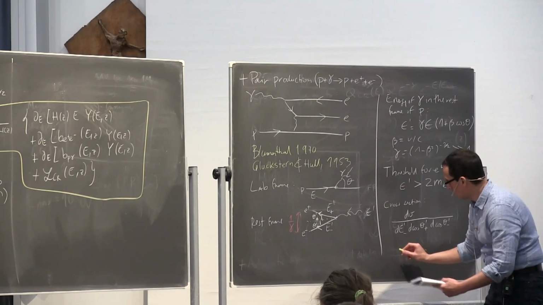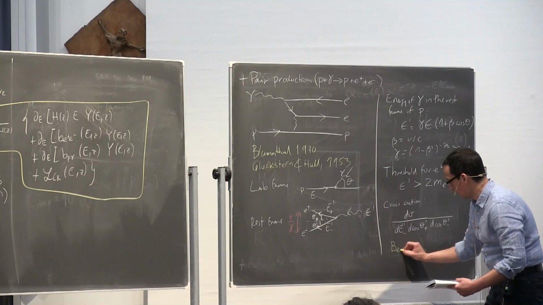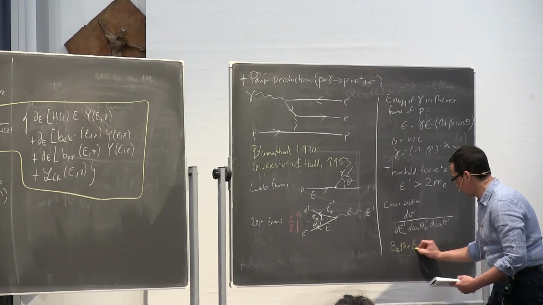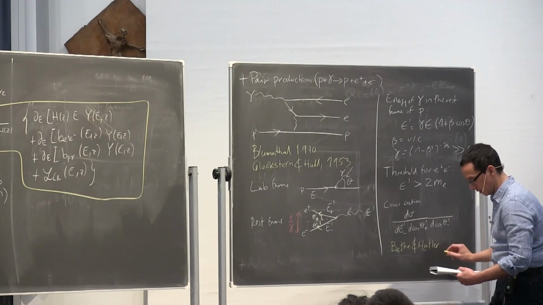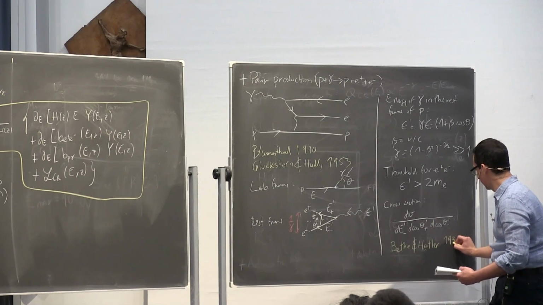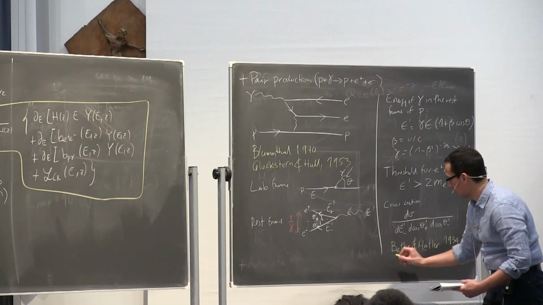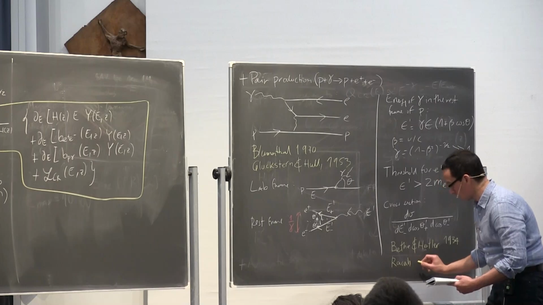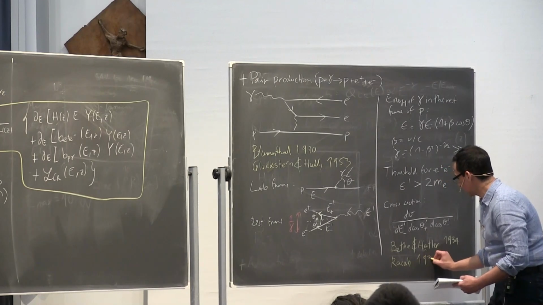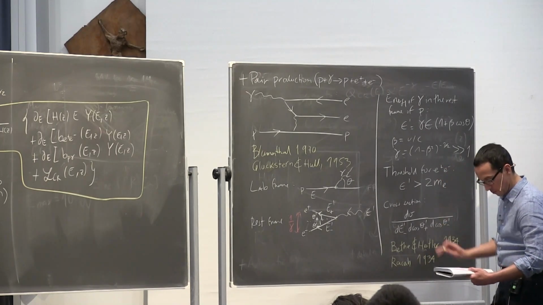Look at the people that actually work on this, Bethe and Heitler, 1934, and the other one is Racah in 1934 as well. For now, just believe me, there's a way to write it.